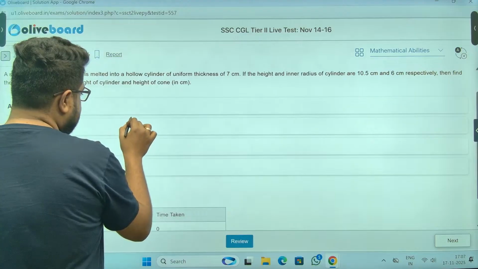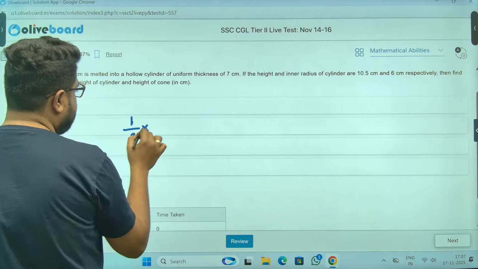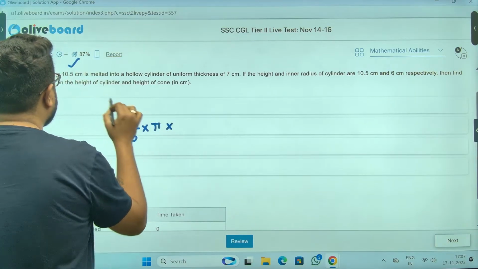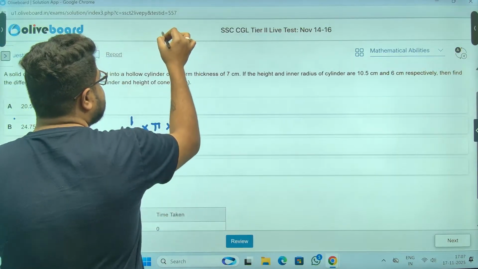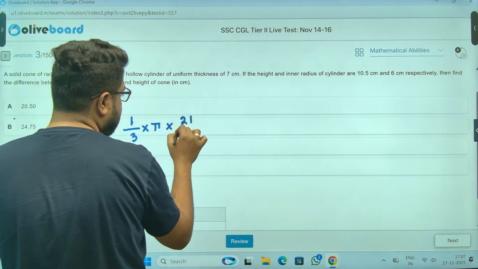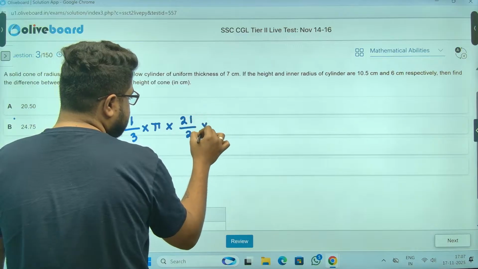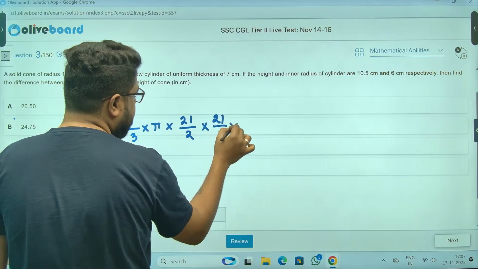So the volume of the cone will be 1/3 into pi into r square. Radius is 10.5, which is 21 by 2, so 21 by 2 square.